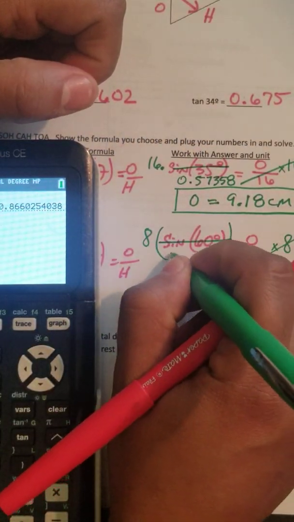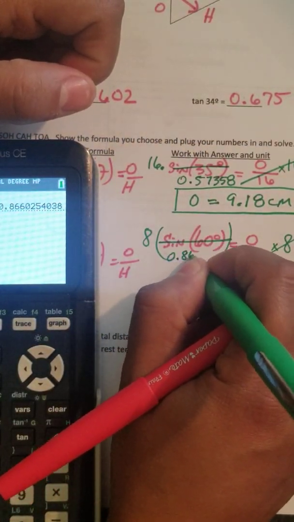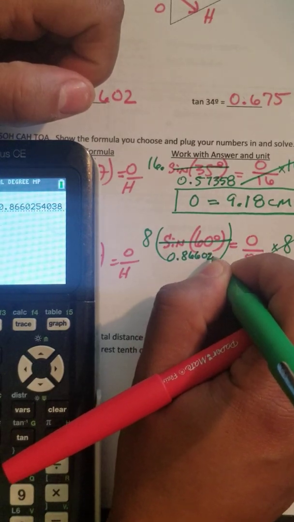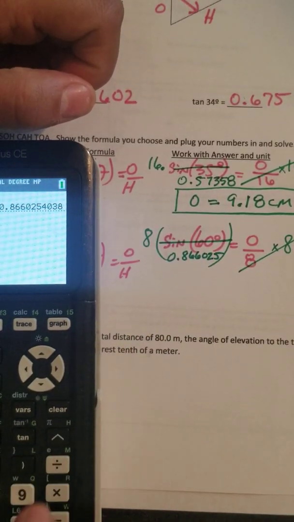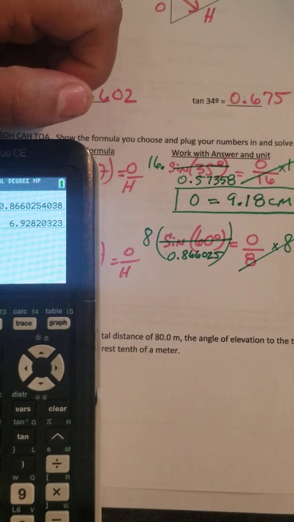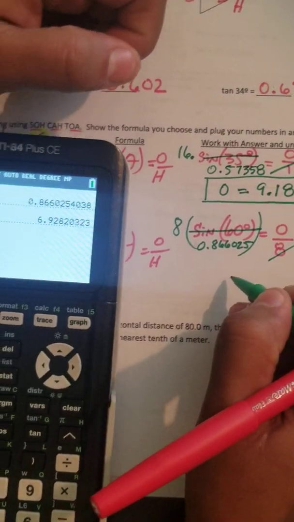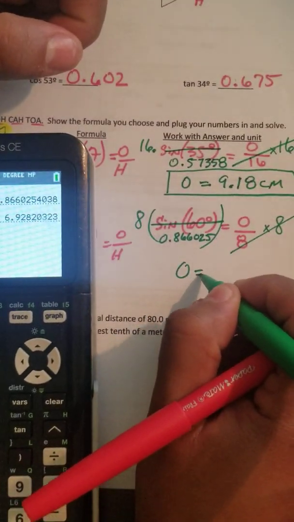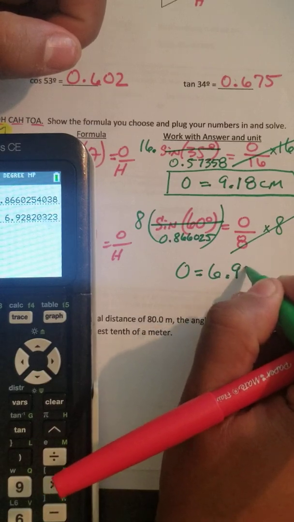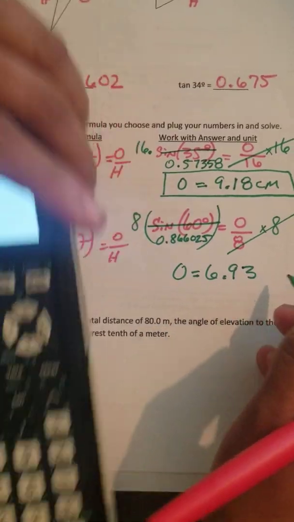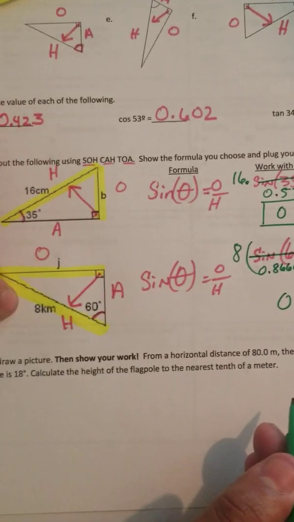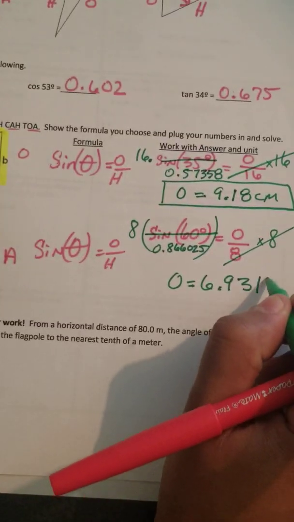This number is really 0.866025 times 8 equals my O leg, or my opposite leg. I got 6.93. Let's look at our units. It says it right here, kilometers.